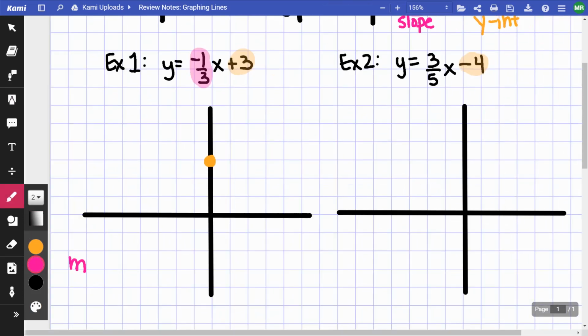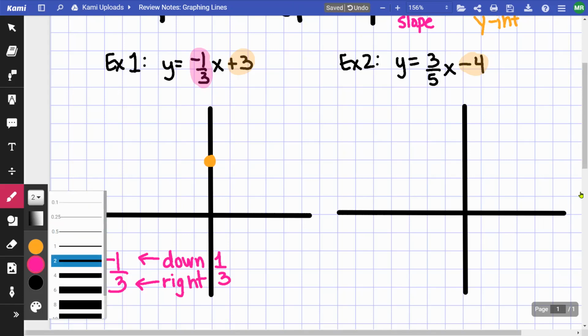If my slope is negative 1/3, what that means is, have your negative or positive, depending on what your fraction is, go with your numerator, where you're going up if it's positive and down if it's negative. So since this is a -1, we're going to go down 1. And then whatever the bottom number is, we're going to go right that number. So right 3.